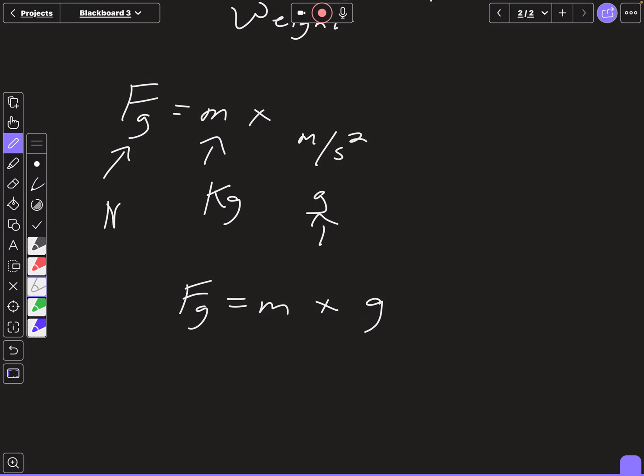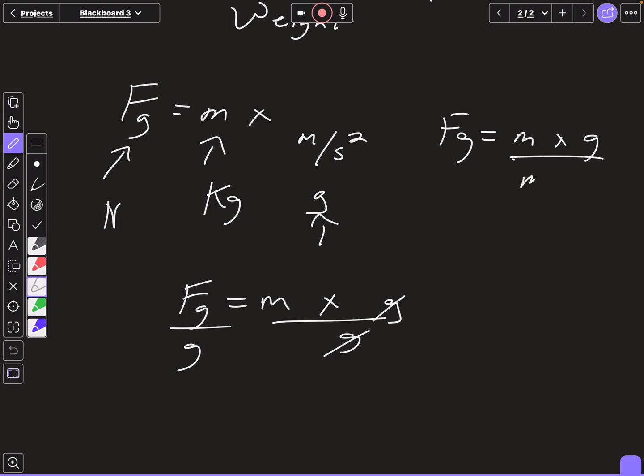If I wanted to solve for mass, I'll need to divide both sides by acceleration due to gravity. If I wanted to solve for my acceleration due to gravity, I will need to divide both sides by my mass.